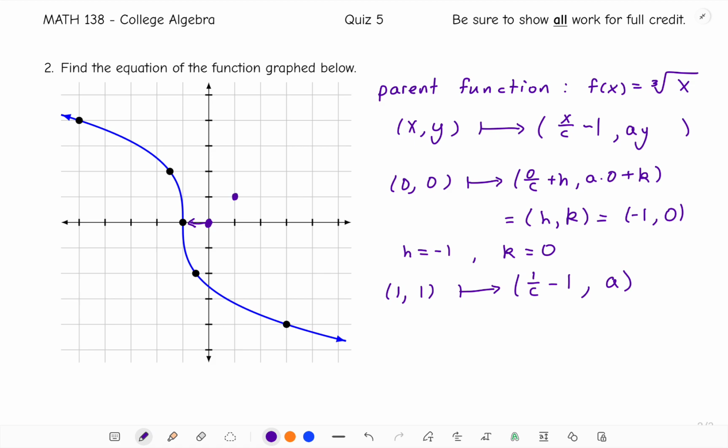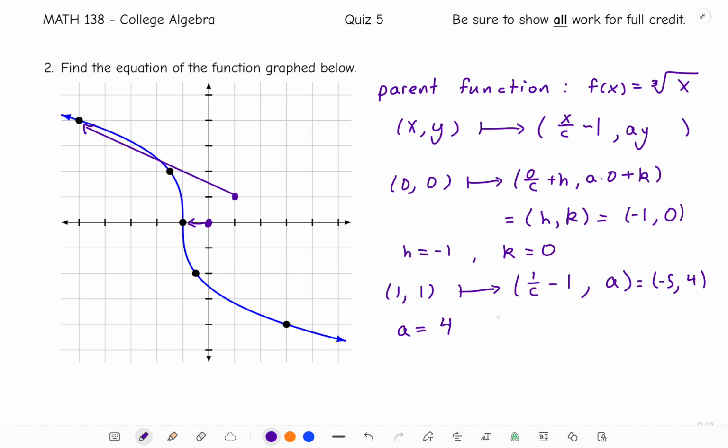Now, I actually get to pick which point it goes to. I'm going to pick that this one moves all the way to this point because it has whole numbers. So that means this is also equal to the point -5, 4. Well, right there, when I compare my y values, that tells me a is equal to 4.